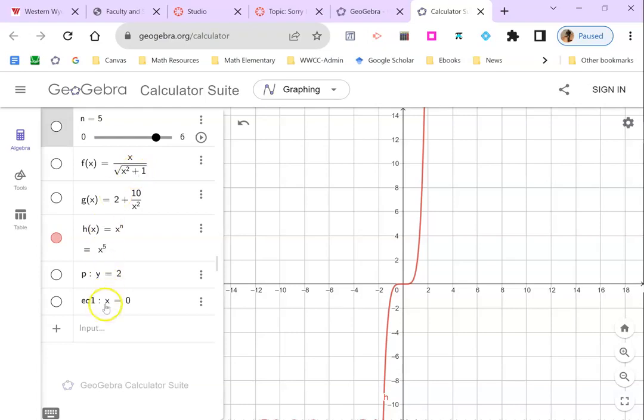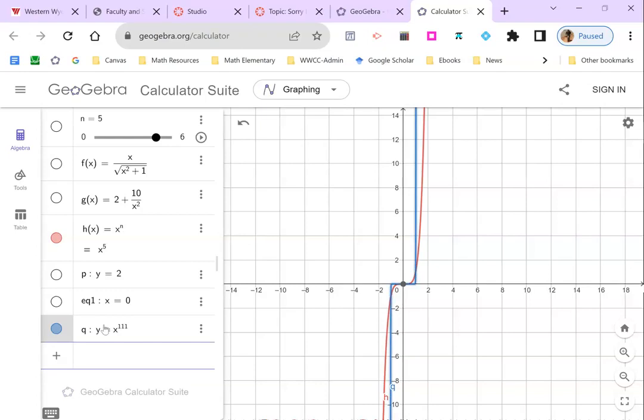So what if I just looked at, let's just look at y equals x to the, I don't know, 101. I guess I'm going to go 111. And notice, let me just turn off the other one there. Notice that's so big, it almost made it look like a flat line, right? Why did it make it look like a flat line? Because this computer can't do enough sampling.